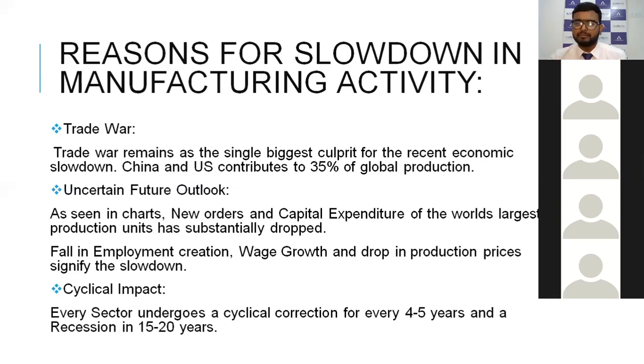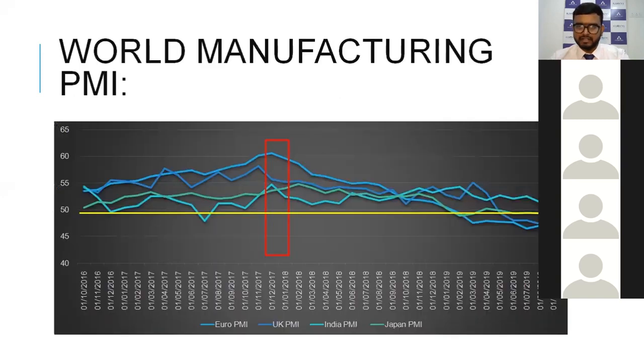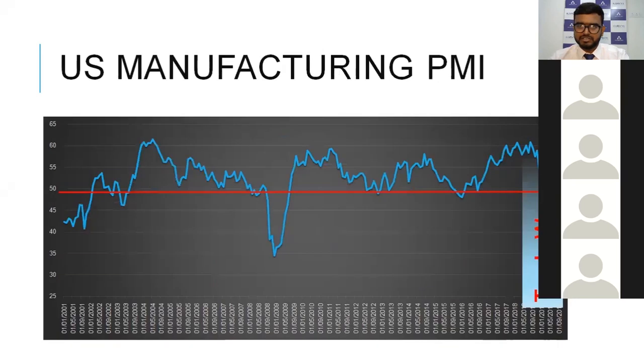And also this cyclical impact of 4 to 5 years is going to come in 2020. But because of the trade war concerns, this cyclical impact has come earlier. So when do you say that this is just a cyclical impact and not a trade war concern? You can say that, as seen in this chart, earlier the US PMI would just touch 50 and move back above, in 2016-17, and move higher again.